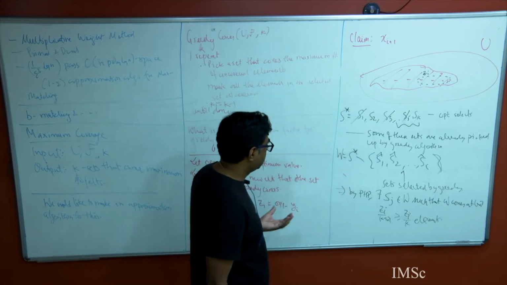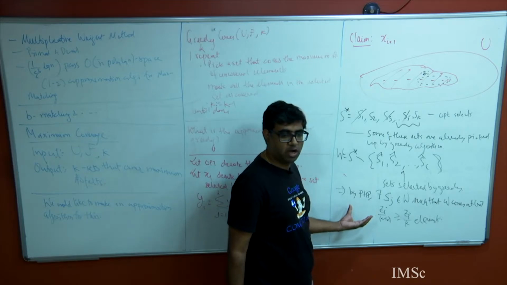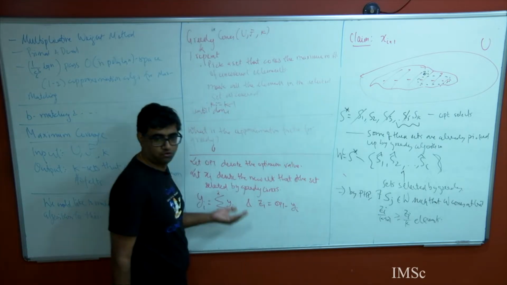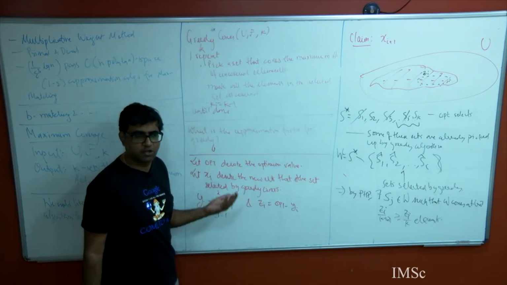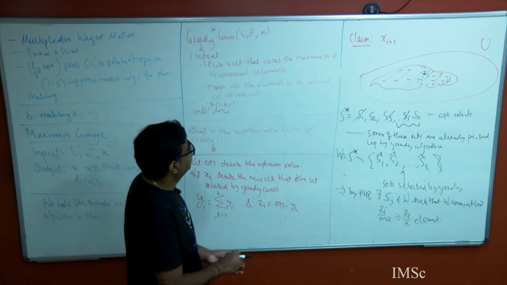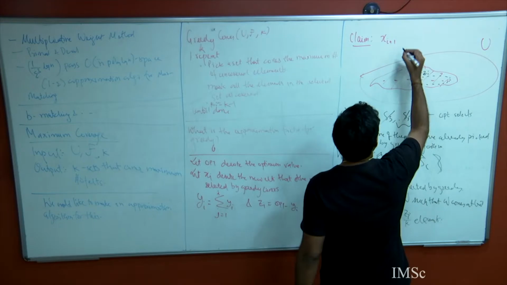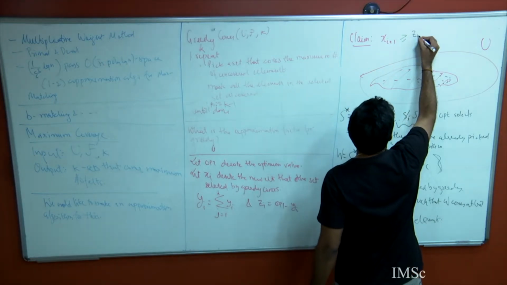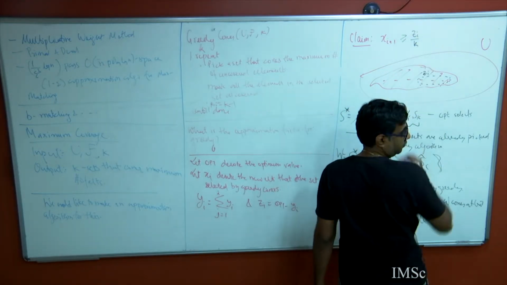At this stage, all the sets in W are present to the greedy to choose. And what does he choose? He chooses the one which covers the maximum number of elements. It means we can say that xi plus 1 is at least Zi by k.